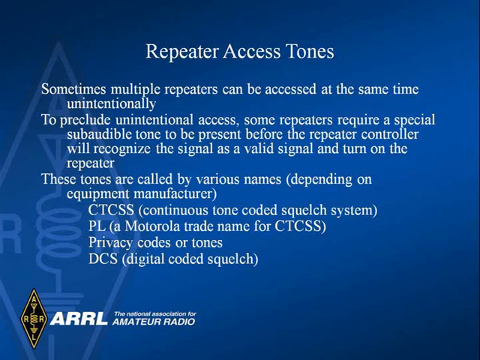To preclude unintentional access, some repeaters require a special subaudible tone to be present before the repeater controller will recognize the signal as a valid signal and turn on the repeater. These tones are called by various names depending on the equipment manufacturer.